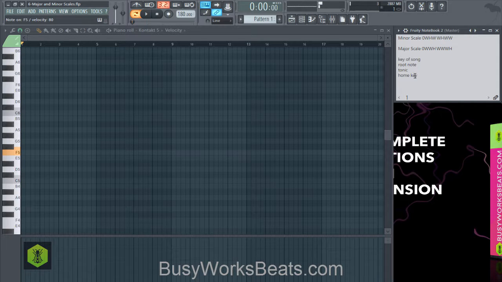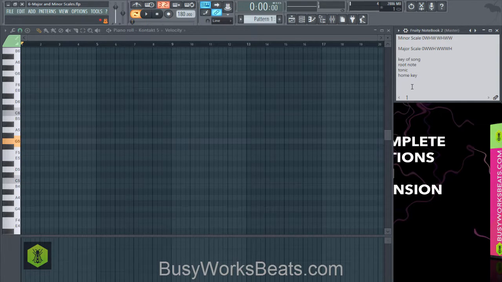W stands for whole step. A whole step is when you go up two keys on your keyboard. For example, the whole step from F would be 1, 2, which is G. I said whole tone by accident. I meant to say whole step. My apologies. So you start on F, 1, 2.